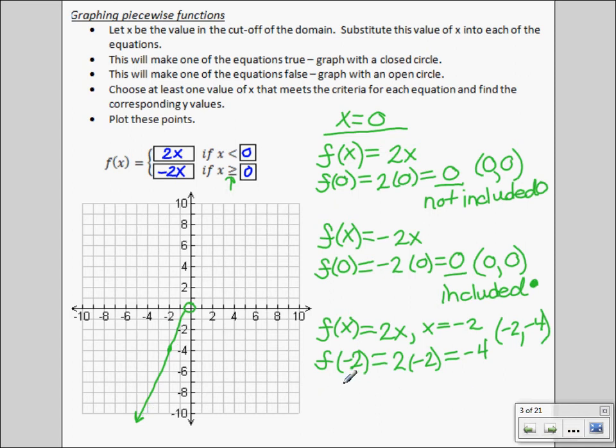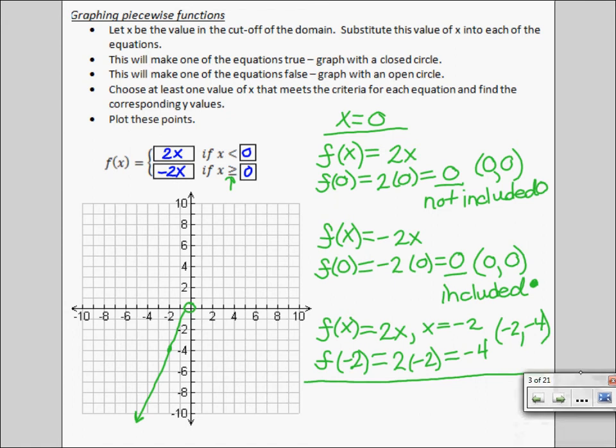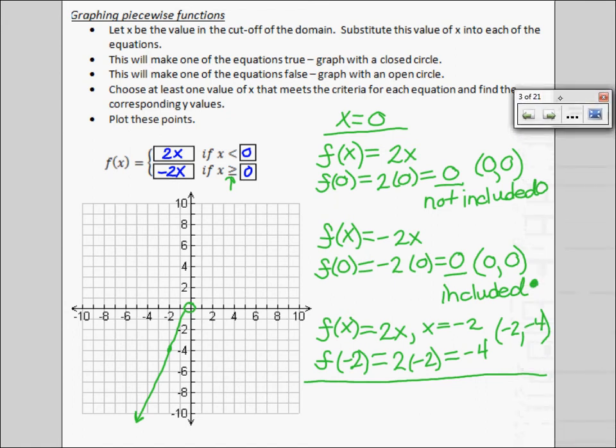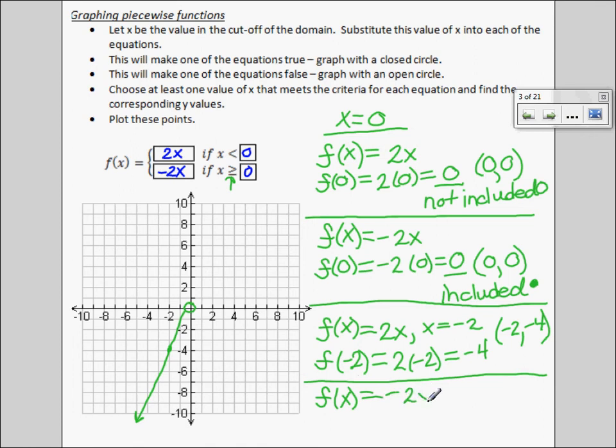And now, for our second part, to get the other half of the inequality in the piecewise function, what I would try to do is f of x at the second inequality of the piecewise function, f of x equals negative 2x.